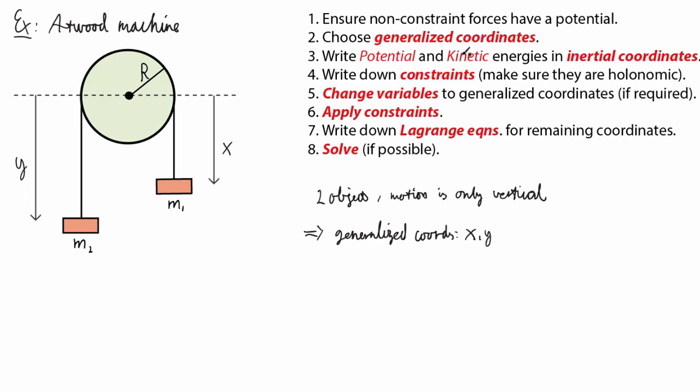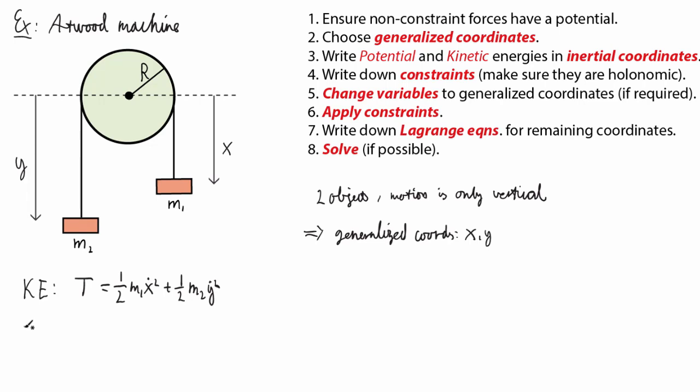All right. Now we should write down the kinetic and potential energy in terms of inertial coordinates. x and y are inertial because this line here does not accelerate. So we can do this relatively easily. Kinetic energy first. It's going to just be 1/2 m1 x dot squared, and then the second mass here.